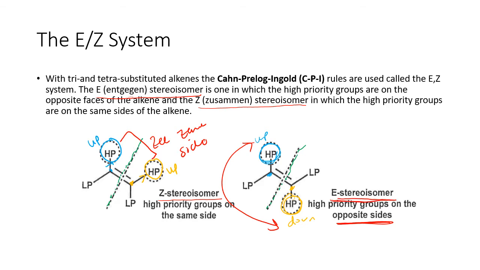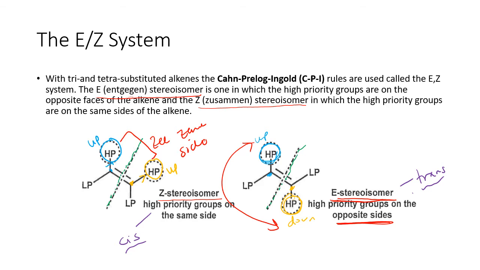So E was similar to trans orientation, and Z is similar to cis orientation for when you use just the simple cis and trans. Those would be their counterparts. So cis is Z, trans is E.